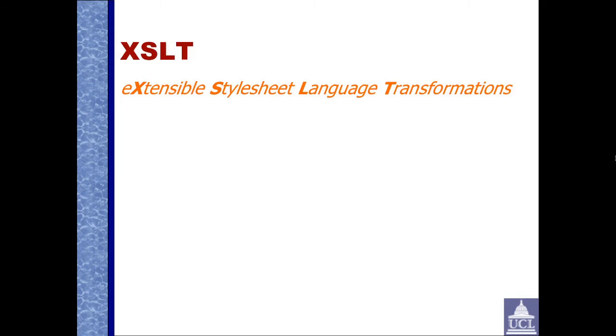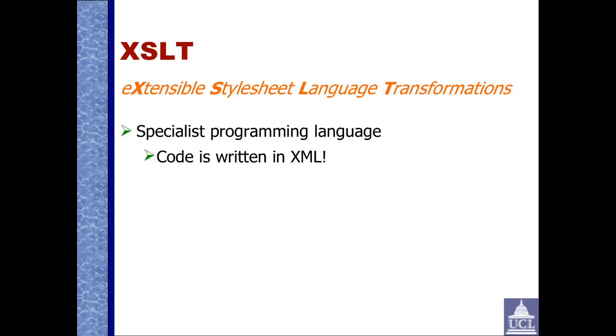Now, there are a lot of other technologies associated with XML, one of which is called XSLT, and this stands for Extensible Style Sheet Language Transformations. Now, this is effectively a specialist programming language where the code itself is written in XML.